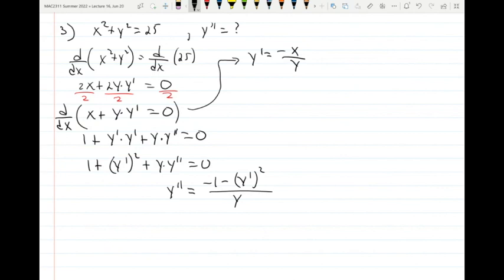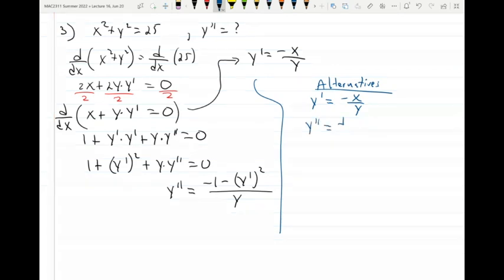Could you do it the other way? Yeah, I'm going to do it the other way. But first, I want to show you something else. Actually, okay, let me just do it the other way. So the alternative would be, you solve for y prime, and then you take the derivative, right? So y double prime equals the derivative of this.